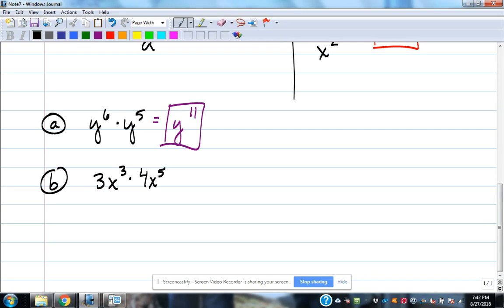Nothing different about that. Just going to multiply those two numbers together and then do the exponent rules. So 3 times 4 is 12. And then we're multiplying. We got an x to the 3rd and an x to the fifth. So the bases are the same. Well, we can add them. So that'd be x to the eighth. Good job.